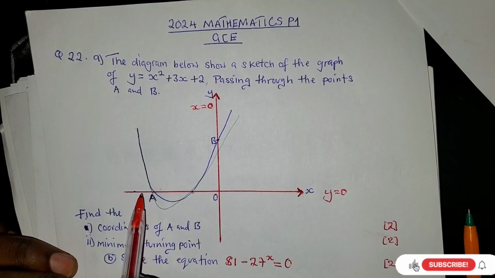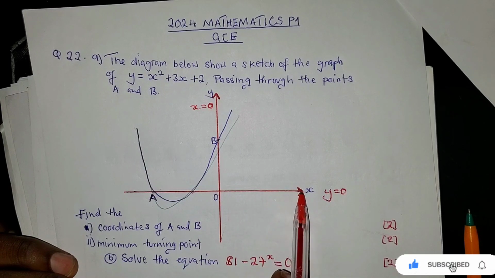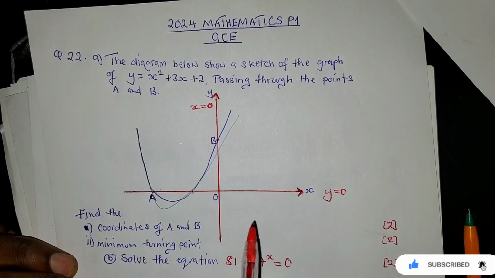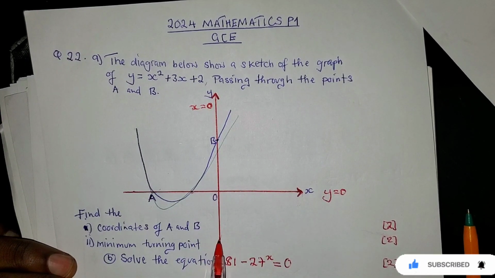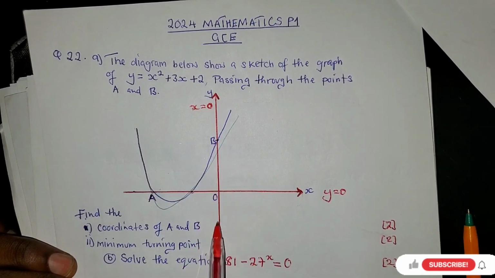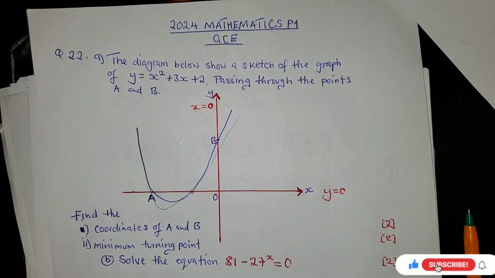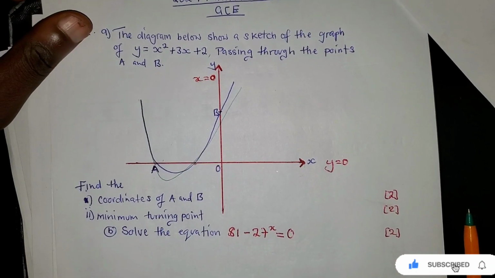So if you want to find the value of x on the x-axis, we should substitute y with 0. If you want to find any point on the y-axis, you should substitute x with 0.